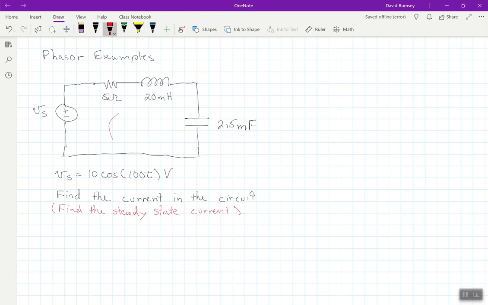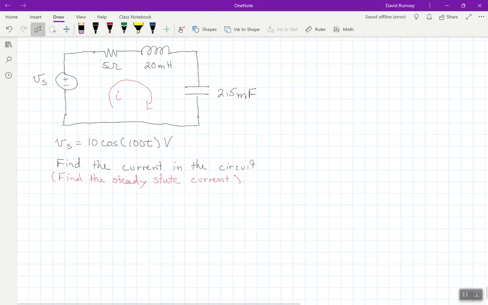So what we mean here is we've got some current here, I, and we want to figure out what that is. Now, in order to figure that out, we're going to use phasors, because if I use phasors, I get to put everything in Ohm's law terms, and I get to use all of the analysis techniques that we used in the previous course, and I just have to do some complex arithmetic.